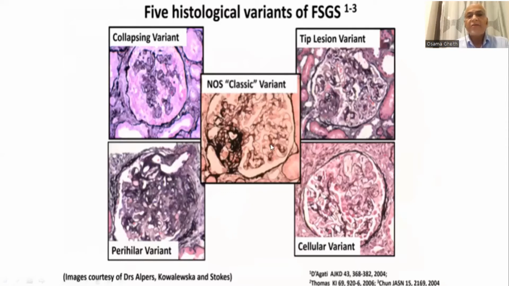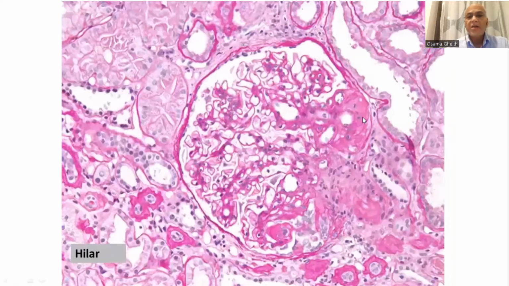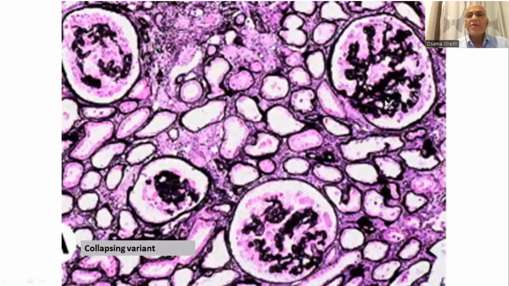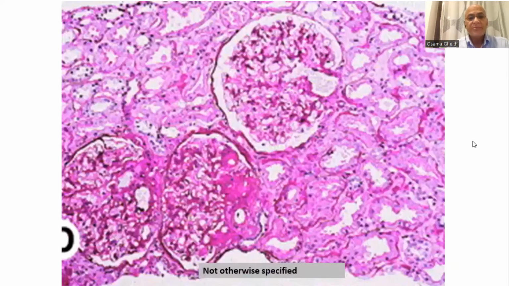This is the commonest form. This is the glomerular tip lesion with its good prognosis, while this is the hilar form, the perihilar form. And this is the collapsing form, which has a poor prognosis, and this is the cellular form.